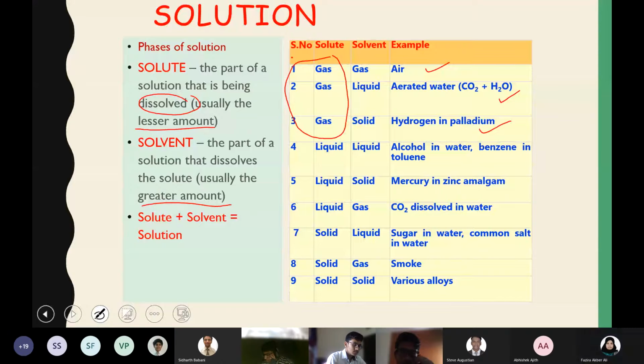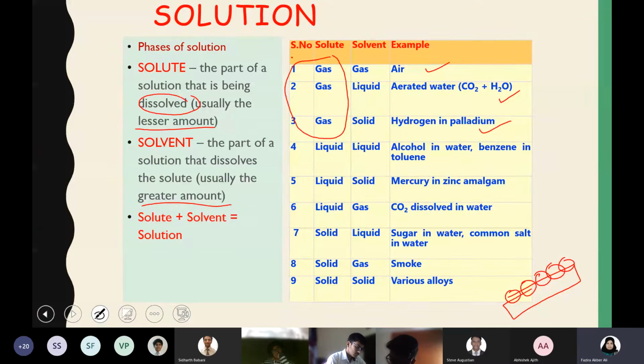Hydrogenation of alkenes: alkenes to alkane. That means you are adding hydrogen, and that reaction is catalyzed by catalysts like platinum, palladium or nickel. On the surface of such metals, hydrogen gas will be adsorbed and distributed homogeneously.